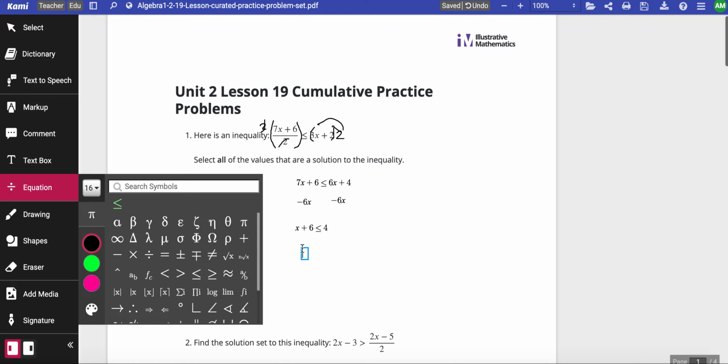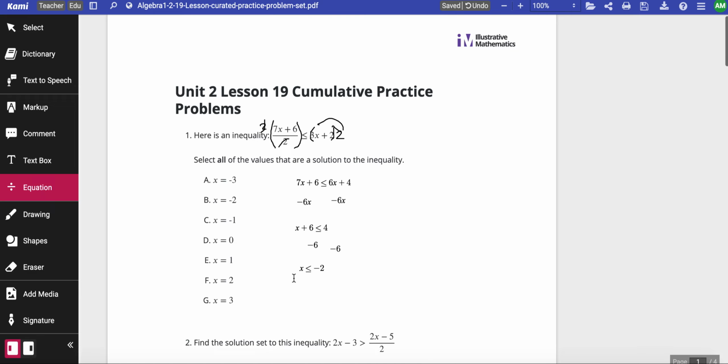Then you want to get x by itself, so you want to subtract 6 here and here, on each side. It's a little bit crooked there. And then you will have x is less than or equal to -2.